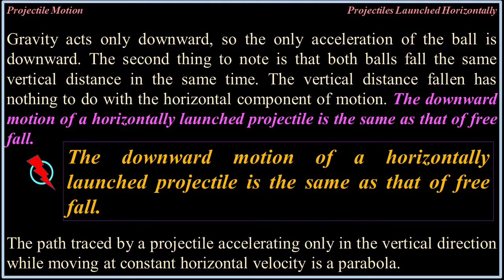The vertical distance fallen has nothing to do with the horizontal components of motion. The downward motion of a horizontally launched projectile is the same as that of free fall. The path traced by a projectile accelerating only in a vertical direction while moving at a constant horizontal velocity is a parabola.